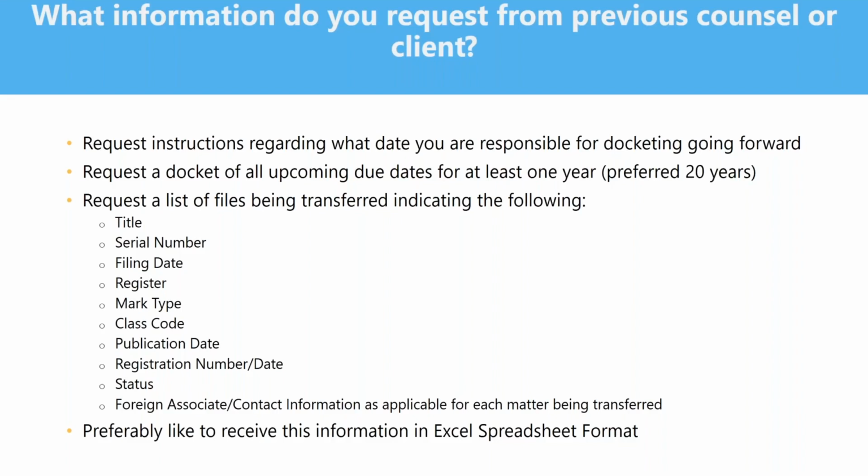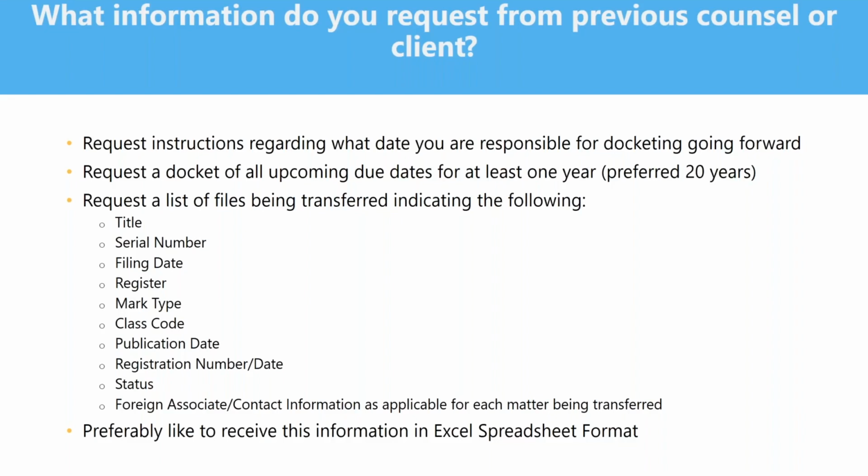The attorney can list what the family is called, and in one of those paragraphs is: we need a docket report with due dates 20 years out, and then please provide a list. And the list is all of these that I just shared with you, the title, the serial number, filing date, and so on.